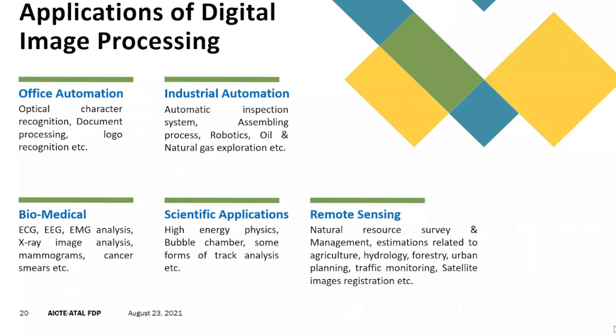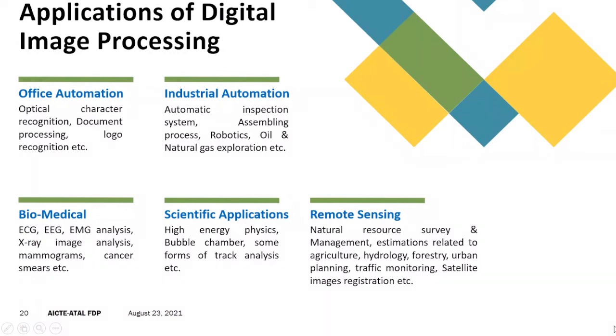What I have told you, the applications for automation: document processing, character recognition, logo identification, icon identification. So these are automation. Now a person is not moving from here to there to carry files. Once a document is generated, it is processed accordingly.